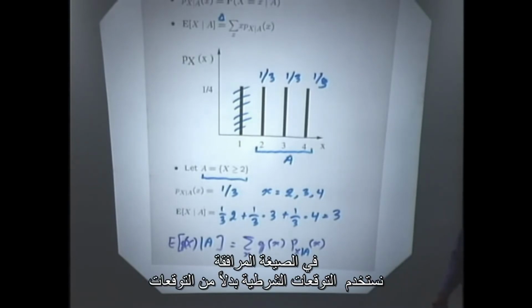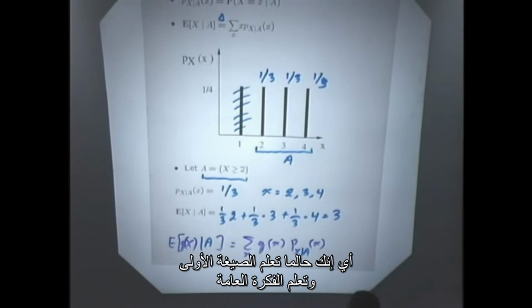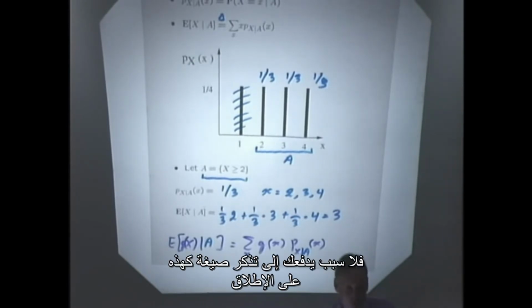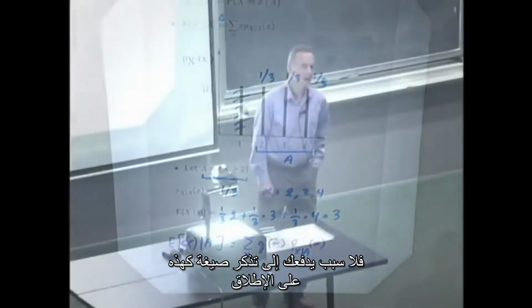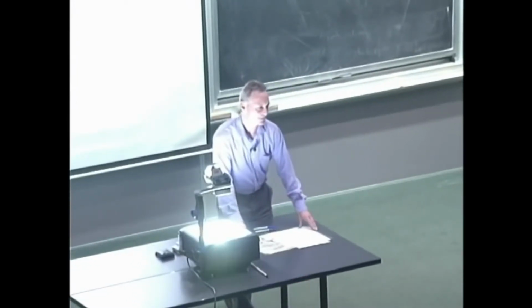In the conditional counterpart, expectations get replaced by conditional expectations, and probabilities get replaced by conditional probabilities. So once you know the first formula and you know the general idea, there's absolutely no reason for you to memorize a formula like this one. You shouldn't even have to write it on your cheat sheet for the exam.